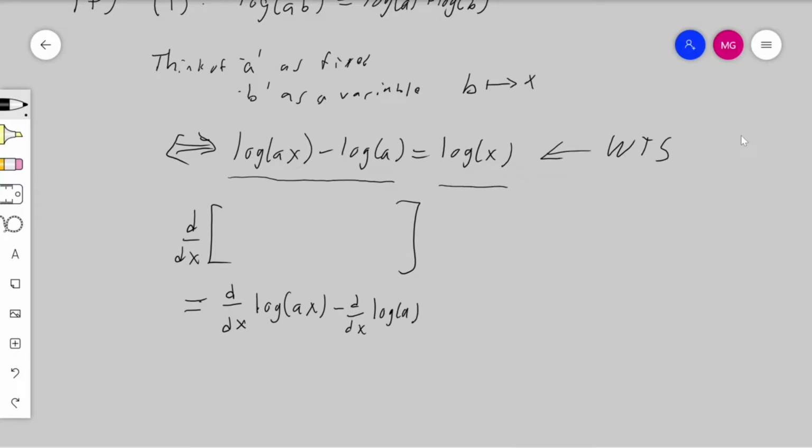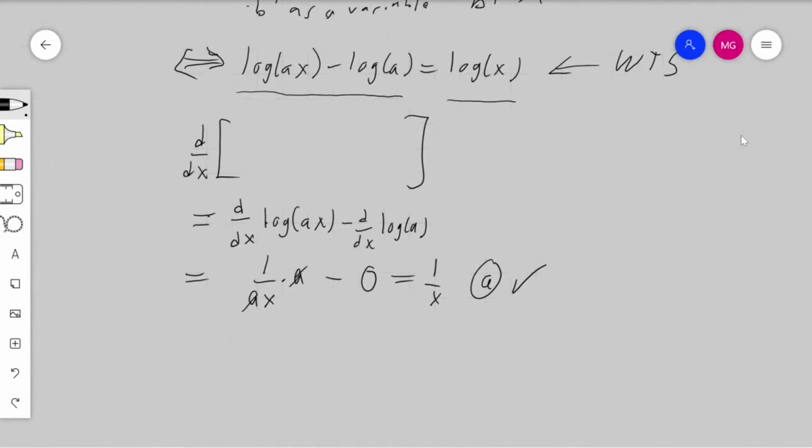And that is going to be equal to, using the fact that the derivative of logarithm is 1 over the inside, which is ax, and then by the chain rule, we multiply by a. And then minus 0, because the derivative of any constant is 0. And so we see that the a is going to cancel with that a, and what we're left with is 1 over x. And so indeed, we see that property a has been satisfied. When you differentiate this left-hand side, you get 1 over x.